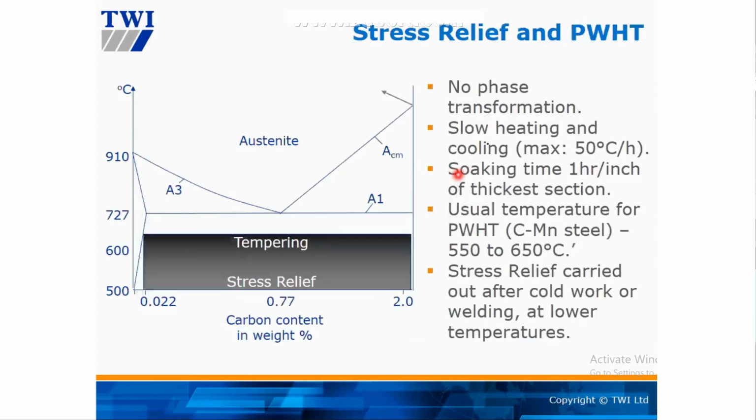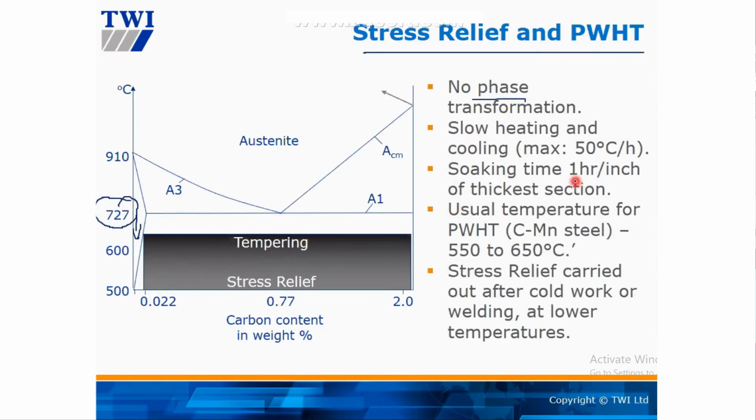Okay. All right, stress release and PWHT. Remember, tempering, stress release, all those are carried out at lower than 727 or 723 degrees C. So here it said no phase transformation, meaning at this point, there is no austenite. Slow heating and cooling, soaking time 1 hour, depending on the thickness.